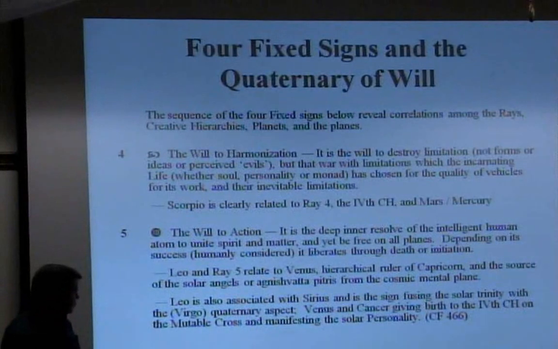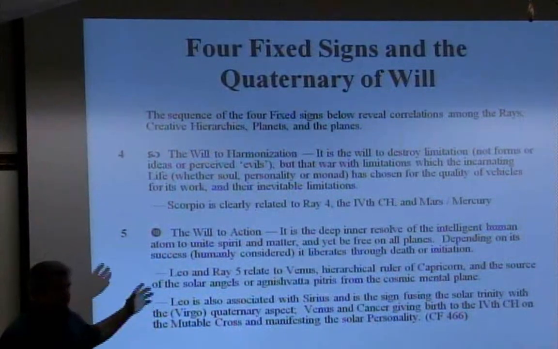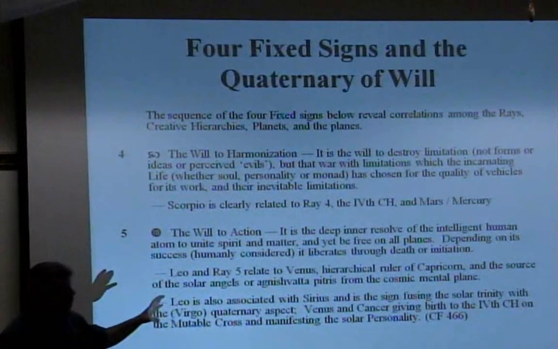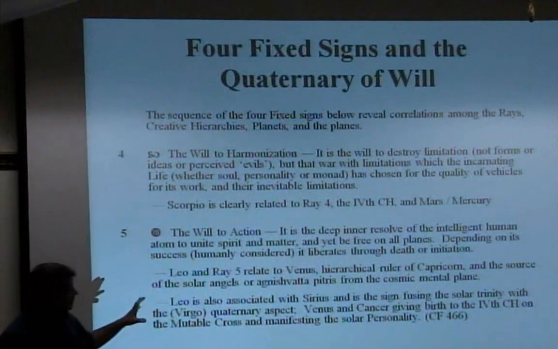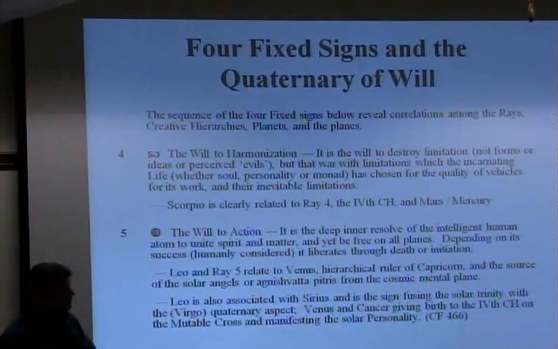Venus and Cancer give birth to the fourth creative hierarchy on the mutable cross, not the cardinal, but through a cardinal sign. This is the lineup of the 3 solar periodical vehicles, which I'll deal with in much more detail, of the solar monad associated in some way with Pluto, Aries, the solar soul with Jupiter, Leo. So Jupiter and Leo, Jupiter becomes very important on that solar level, and on the level of humanity, or the solar personality functioning through humanity, it's Venus and Cancer.